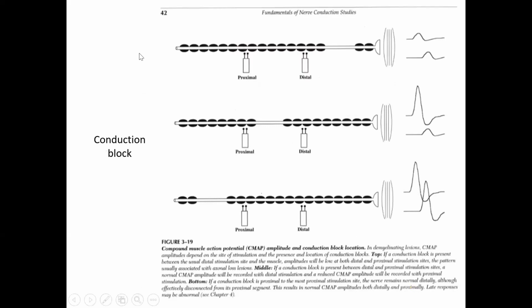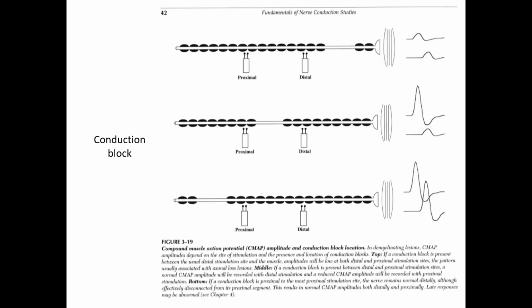Can anybody describe this figure? First is demyelination distal to both the distal and proximal stimulation sites, hence both proximal and distal amplitudes are decreased.